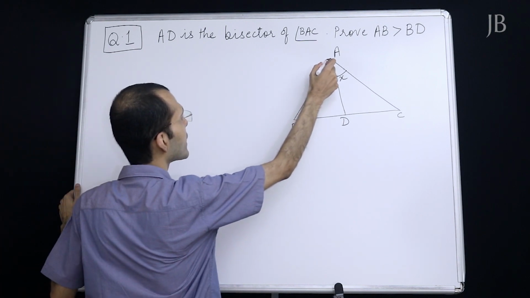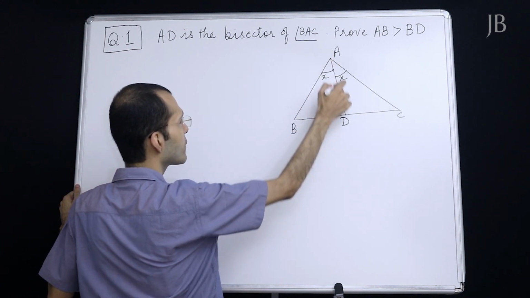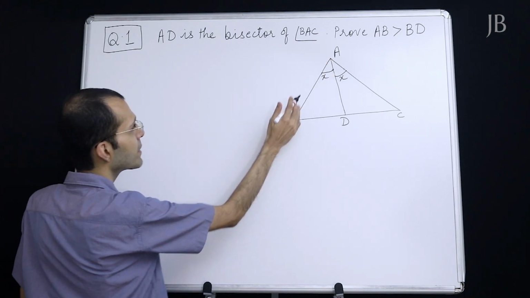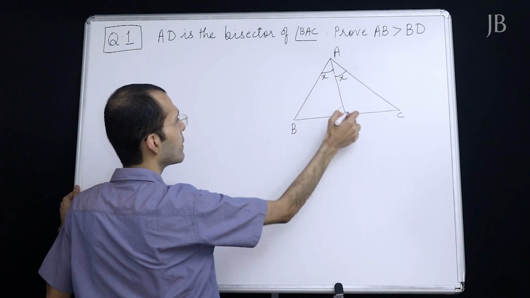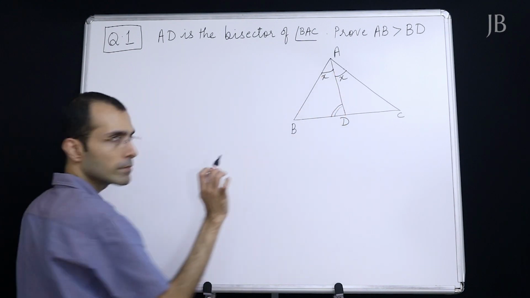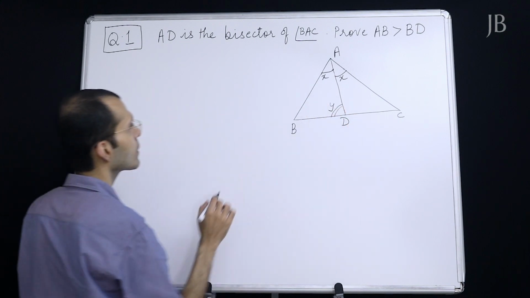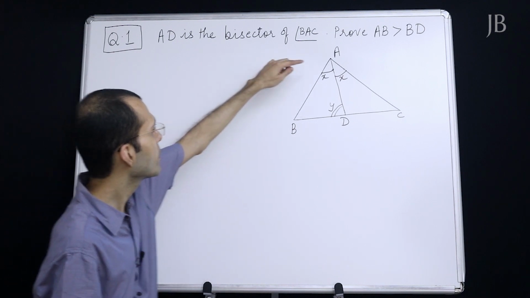So this is AB, which is the angle opposite to AB? Consider this triangle ADB. So this is segment AB, and the angle opposite to AB is this angle, angle ADB. Agreed? Okay? So we call this Y. We have to get a relation between which two sides?